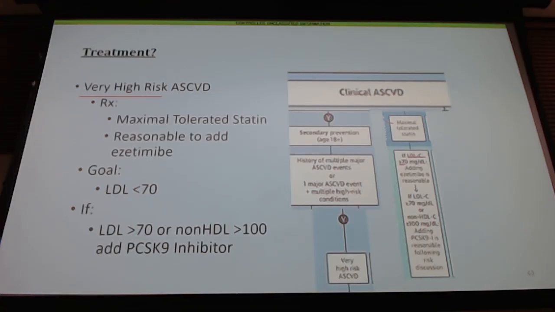If they're on ezetimibe and that maximally tolerated statin, or they can't tolerate a statin at all because of the side effects, then put them on that PCSK9 inhibitor to try to lower that value down. Okay. So shoot for an LDL less than 70 in your very high risk secondary prevention.